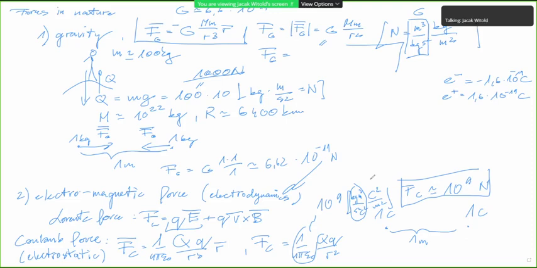But this is not even correctly posed, because it's pretty arbitrary to compare a kilogram against a coulomb. We don't know how to relate kilogram to coulomb. So a much better approach is to compare elementary particles' masses against their elementary charges.